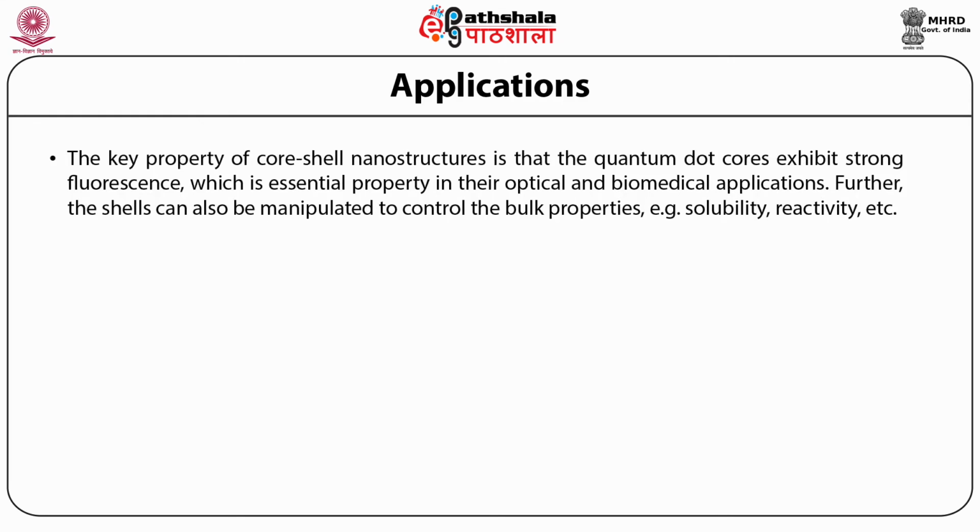The key property of core shell nanostructures is that the quantum dot cores exhibit strong fluorescence, which is an essential property in their optical and biomedical applications. Further, the shells can also be manipulated to control the bulk properties, for example, solubility, reactivity, etc.